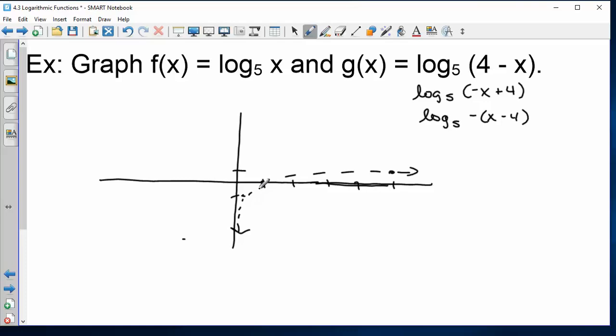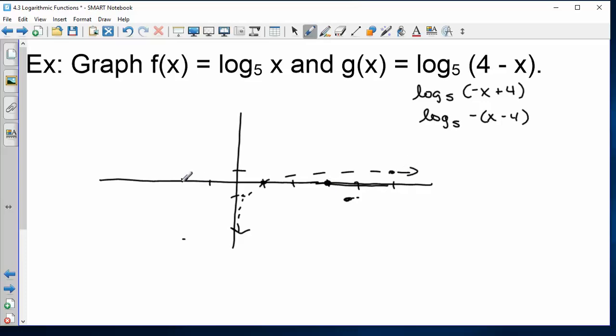Now if I do that, so like this one, if I flipped over the y, it would go here, right 4. Okay, this will go to -1 if we flip over the y, then right 4.